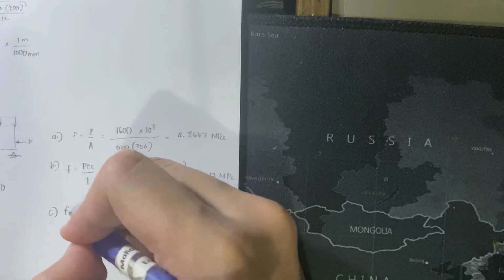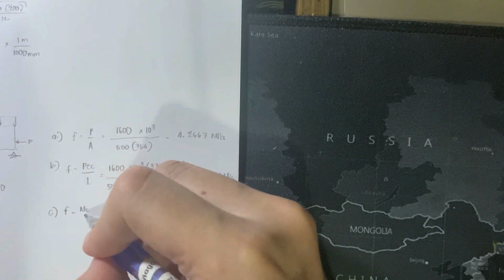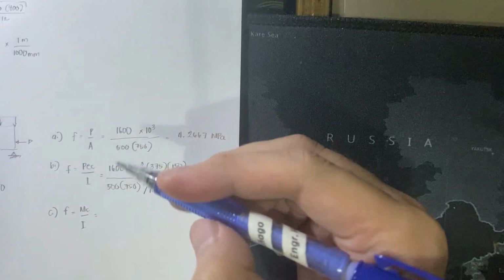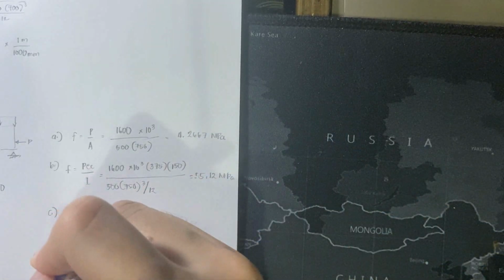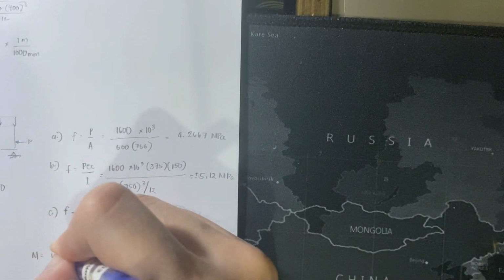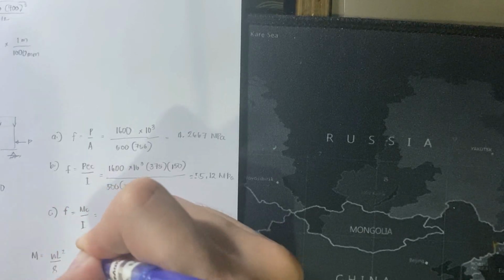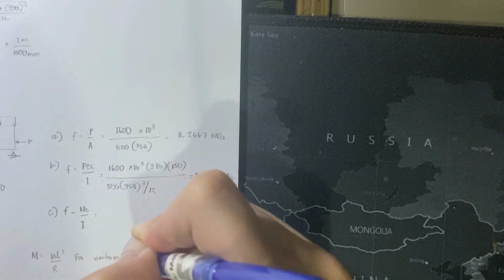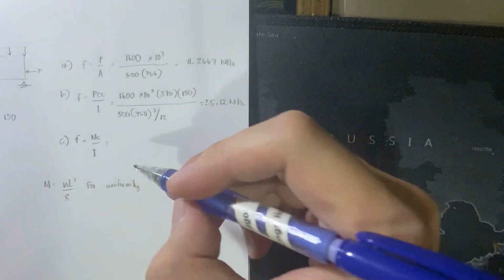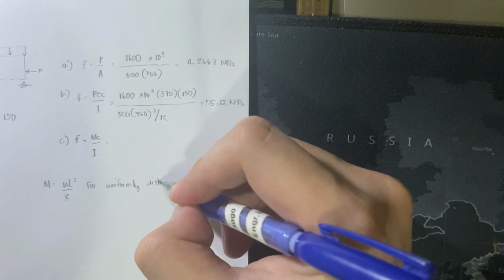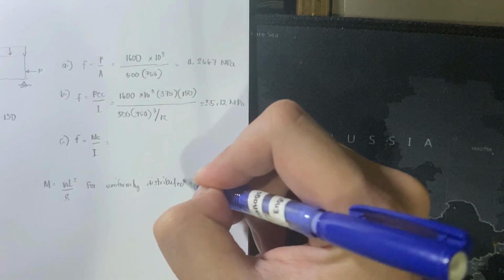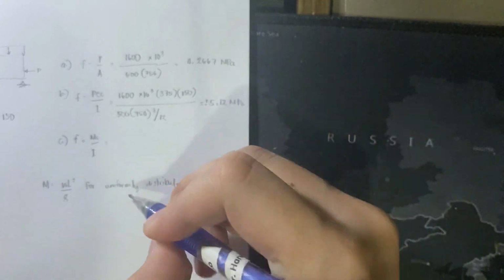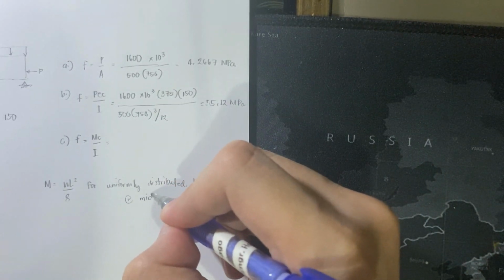And then the flexural stress naman due to the applied load MC over I. So para makuha natin yan, kunin muna natin yung moment. So since simply supported lang yan, uniformly distributed, so we can use the formula. The maximum moment at mid-span for uniformly distributed load is equal to WL squared over 8.